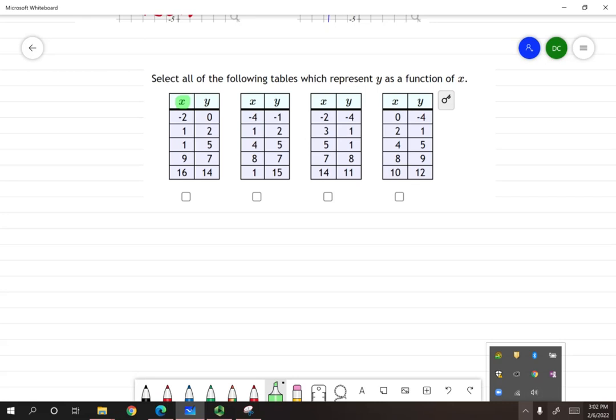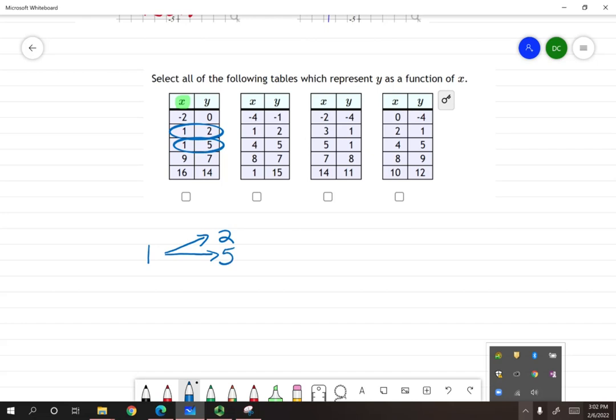As long as each one gets matched to only one value, then that means that it would indeed be a function. In this particular case, though, the answer is no. Because of this, the number 1 can be matched with 2, but the number 1 also is matched with the number 5.